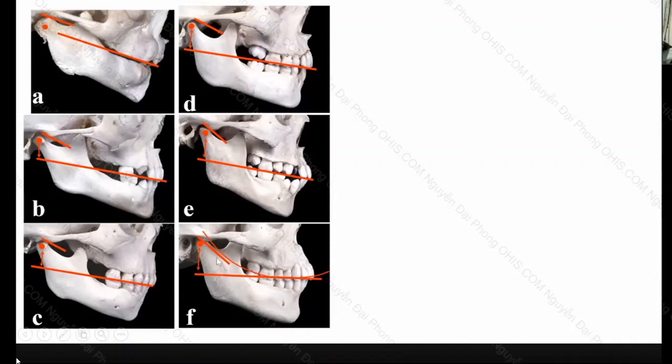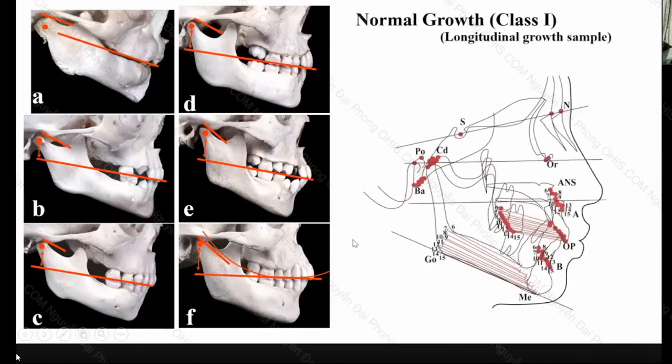This kind of growth of our face. So in my department, we have a growth sample. This is one of the samples which is normal growth, that means a class 1 growth longitudinal sample.